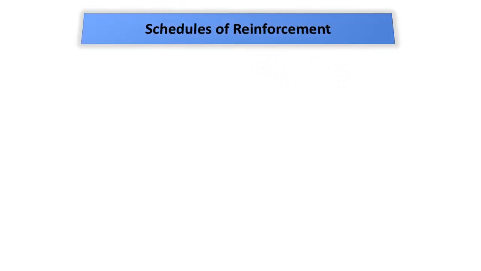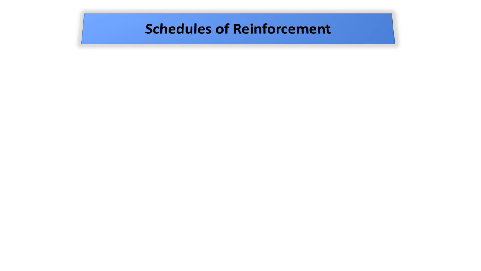The next step for application of these reinforcement or punishment phenomena is to understand when, where, and how we are required to provide these reinforcements or punishments. Because it is generally said that it is more suitable to use reinforcement and generally avoid punishment, we will be discussing the schedules of reinforcement.